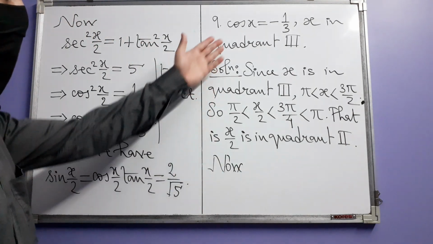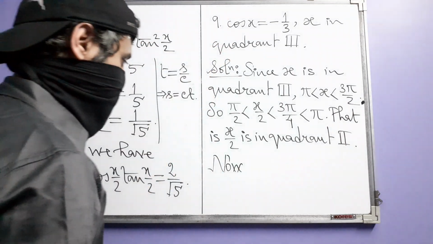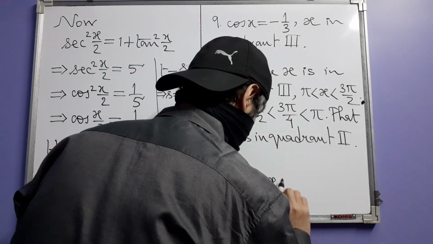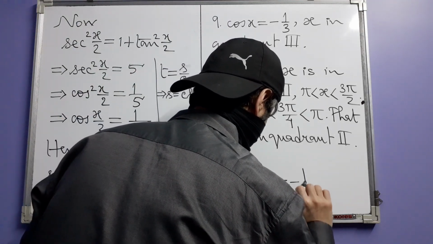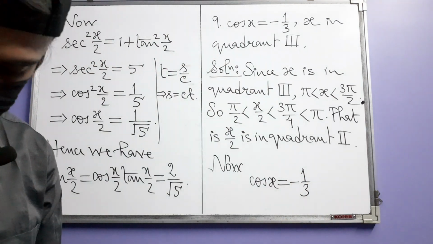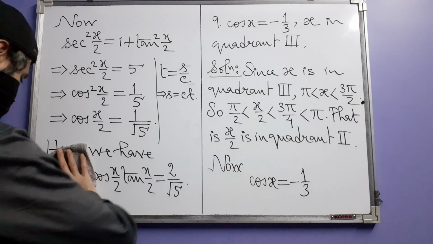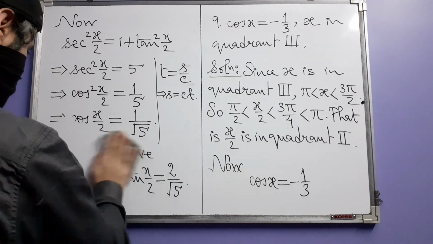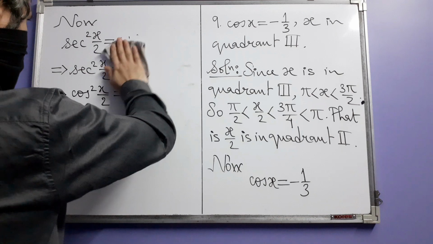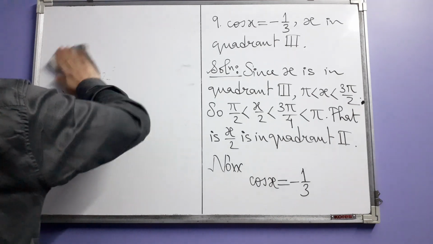Alright, so now we are given cos x is minus 1 over 3. So this time we will use the half angle formula for cosine, which has cosine again.